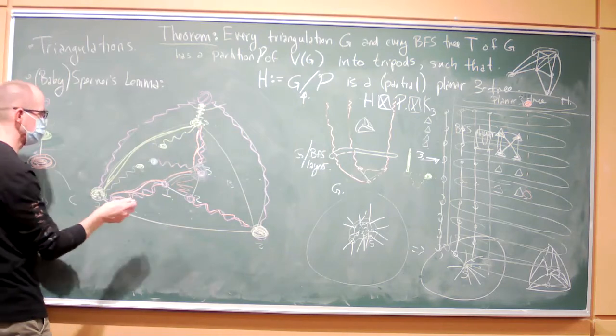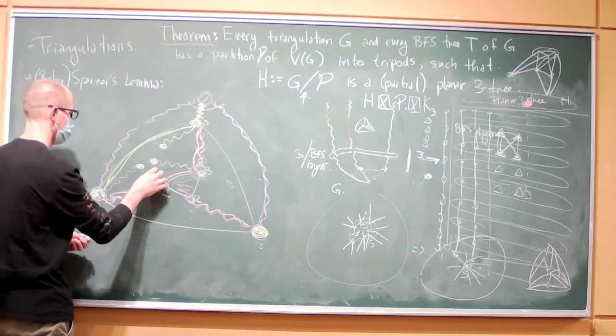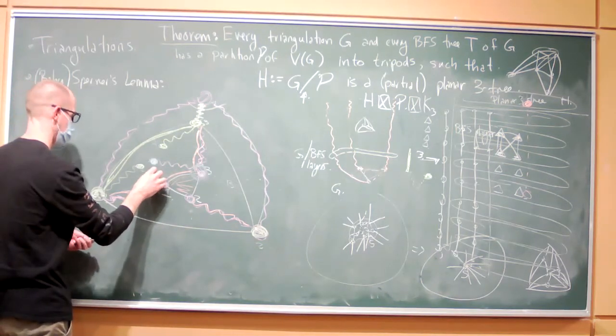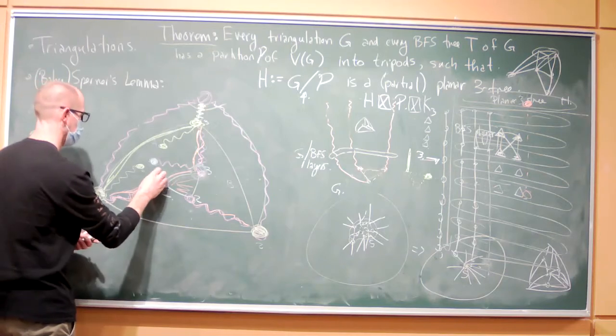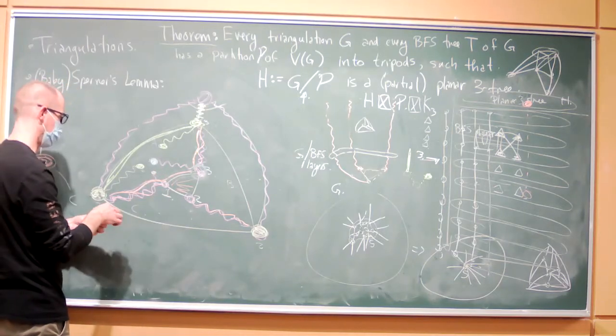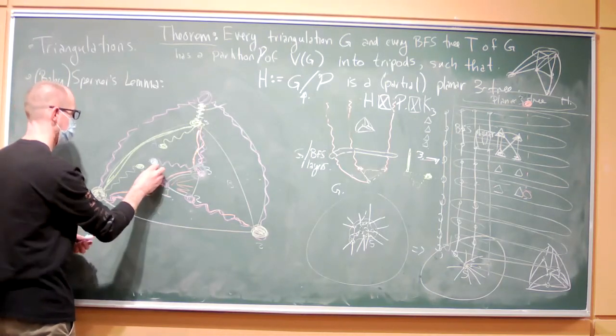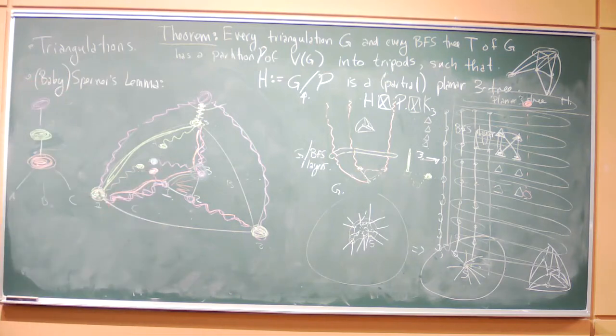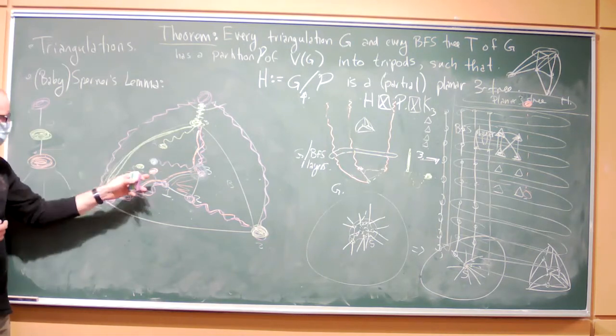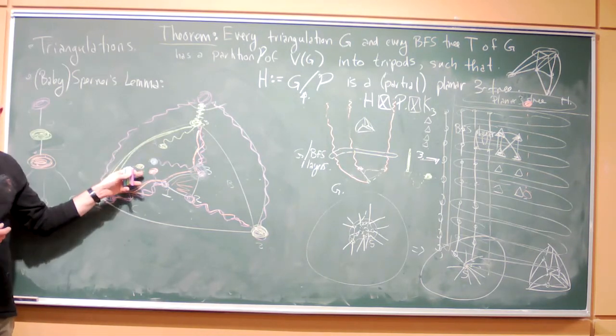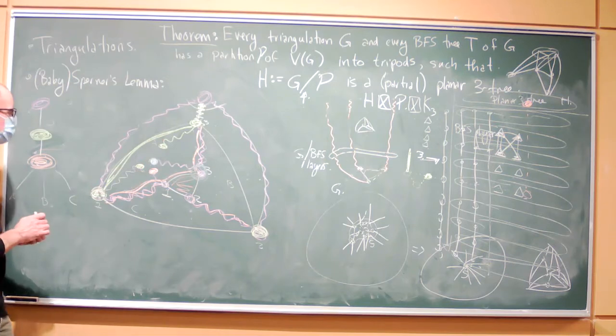And if it passes through the pink, which it could do, then I will call this thing pink. And what is Sperner's lemma going to tell me? It's going to tell me that I can find in there a triangle that has three different colors on it. So maybe this is the triangle.